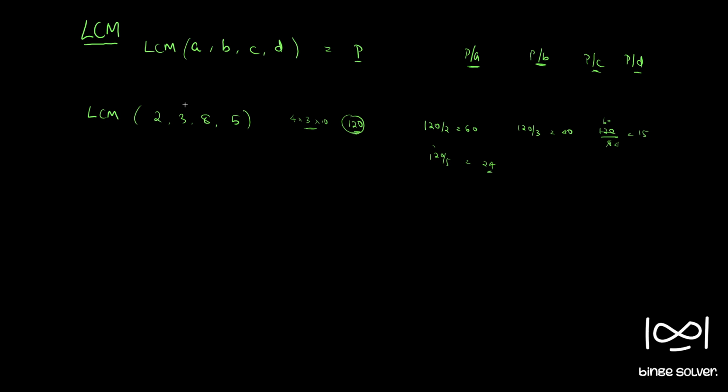Okay, so this is a concept. This is what we mean: the LCM of a few numbers is the least common multiple. So the least common multiple is the smallest number that we can find such that each number will divide with that number.